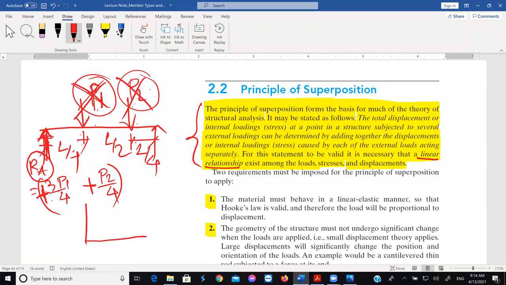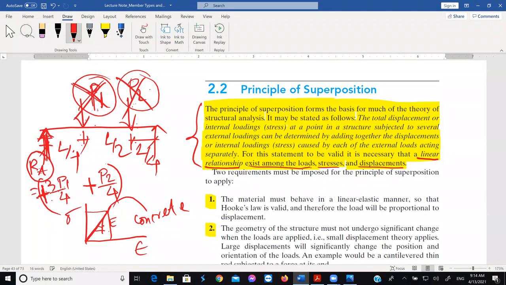For example, for concrete, we know the stress-strain response is something like this. So this is strain, that's stress, and that's for concrete. Up to a certain point, the stress-strain is a linear curve. That means it's proportional. At this level, we define the slope as the modulus of elasticity E. So a linear relationship exists among loads, stresses, and displacements.